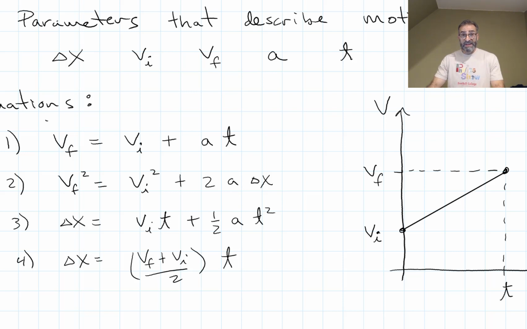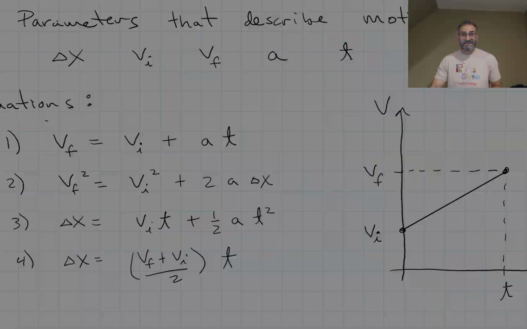We know that the slope of this line is the acceleration, and we know that the area under the velocity versus time curve is displacement or change in position. So using those facts, we're going to derive these 4 equations.